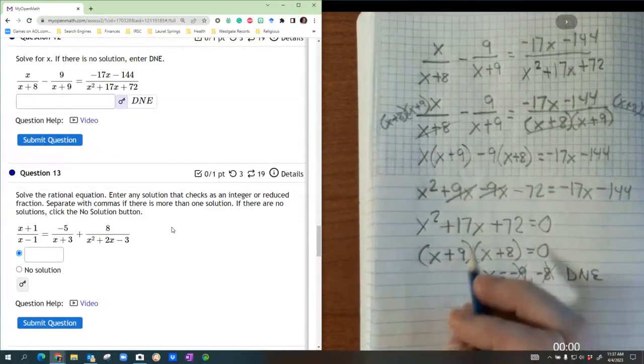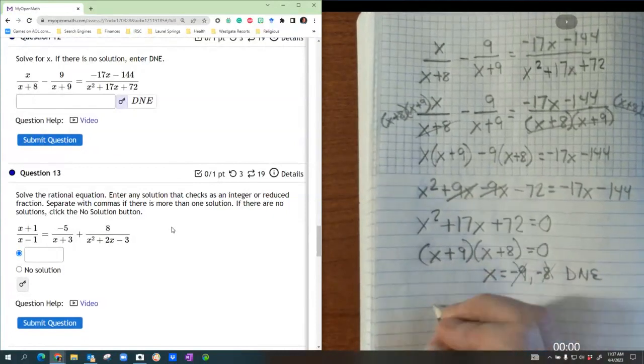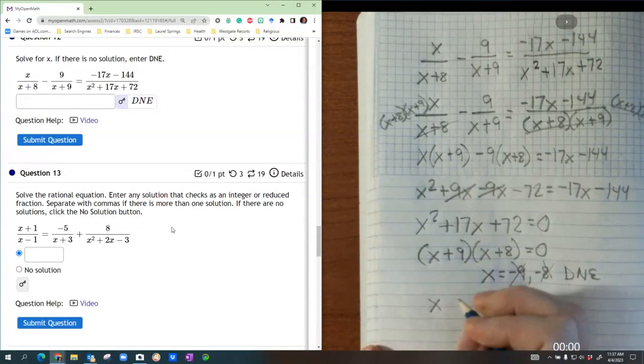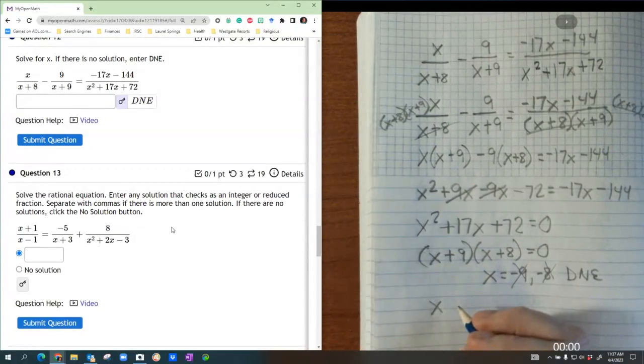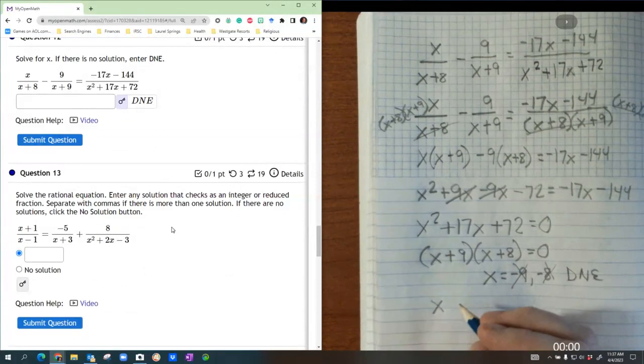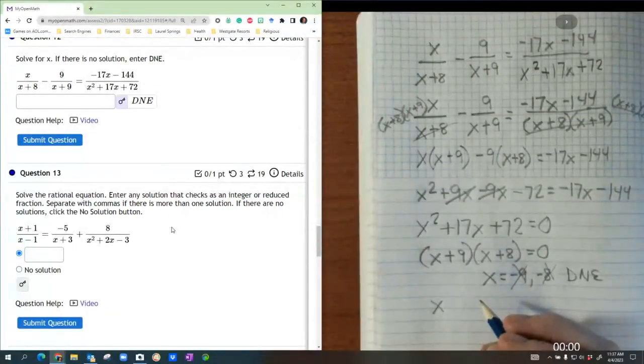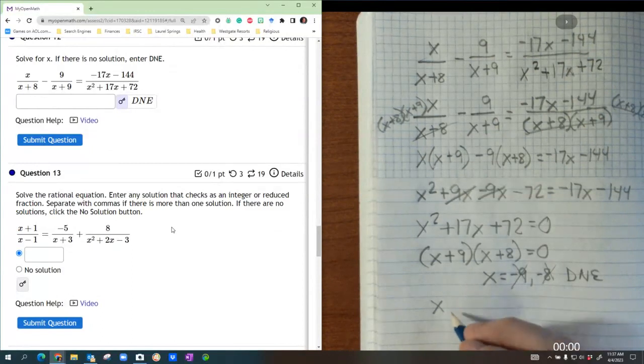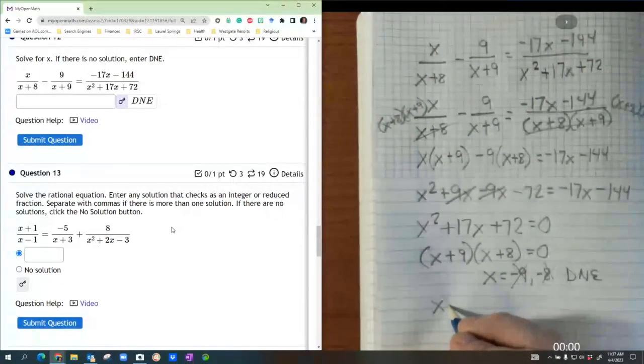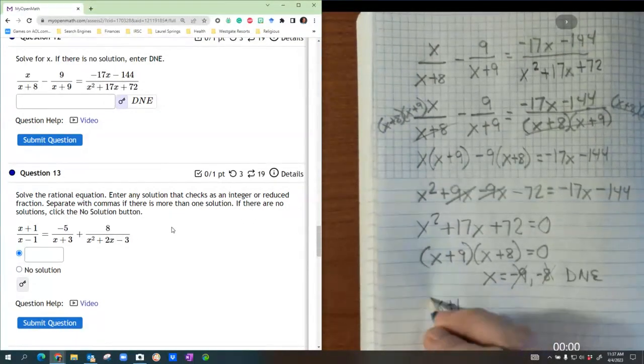We're going to go ahead and, you know what? I'm getting a little bit tired of writing everything. Now I'm going to give you a shortcut. If x minus 1 and x plus 3 are the factors of x squared plus 2x minus 3, what I can do is cross multiply x plus 3 times x plus 1.